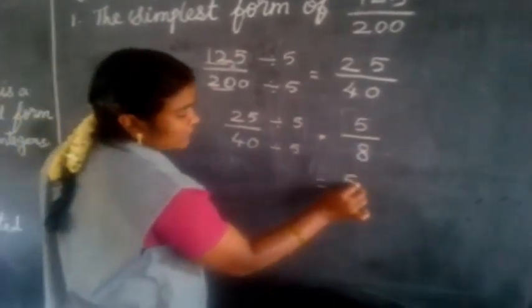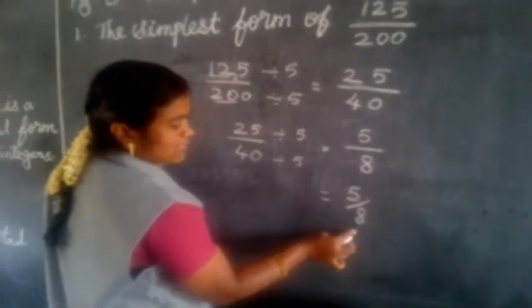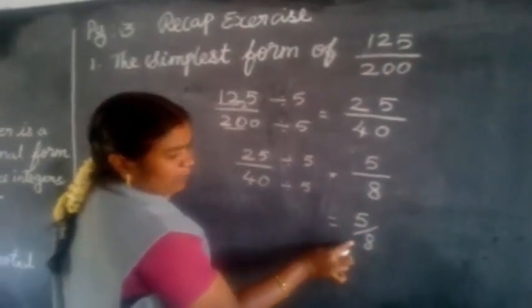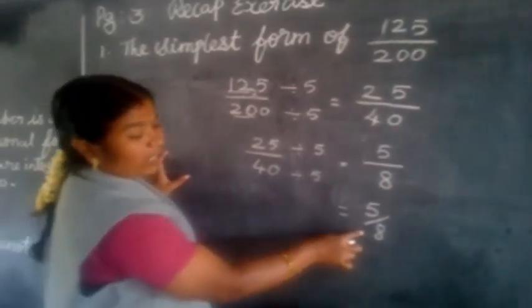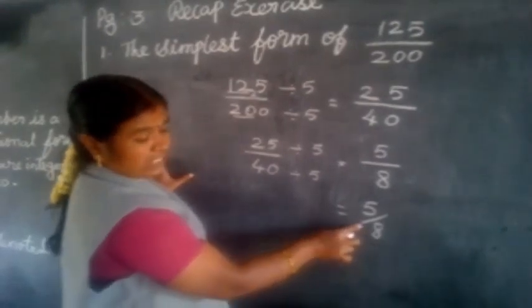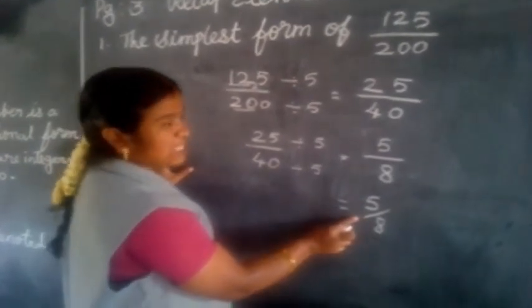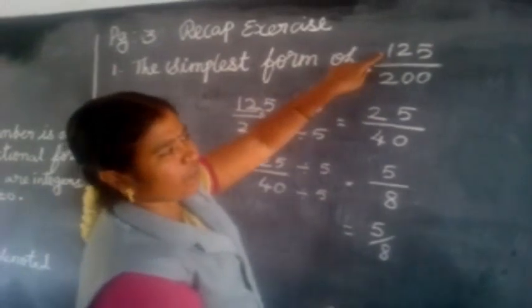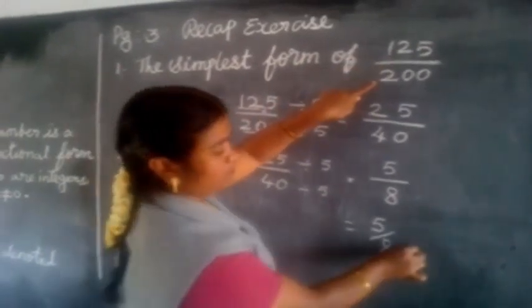Now we get the fraction 5 by 8. This is a rational number. Can we simplify once again? We are not able to simplify once again. So this is the simplest form of 125 by 200.